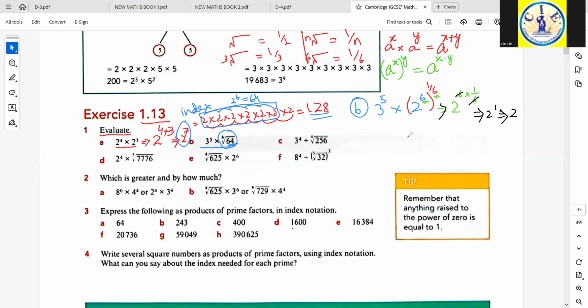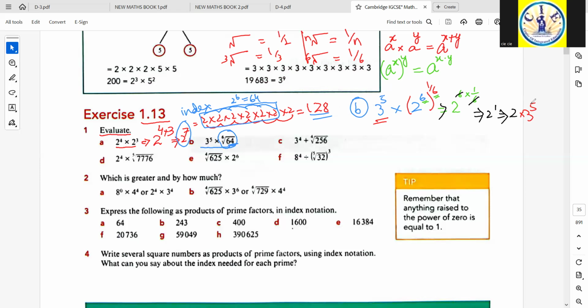Okay. Then it is part C. 3 raised to power 5. Sorry, I have just not considered this thing, I need to include that 3 raised to power 5 with its 2 as well.